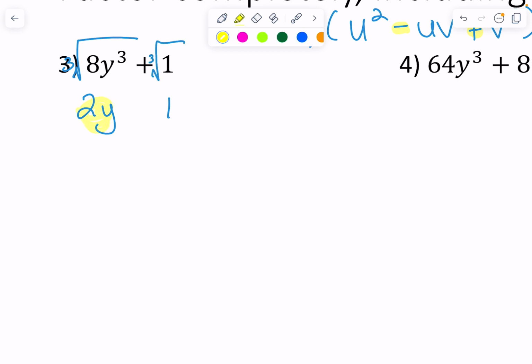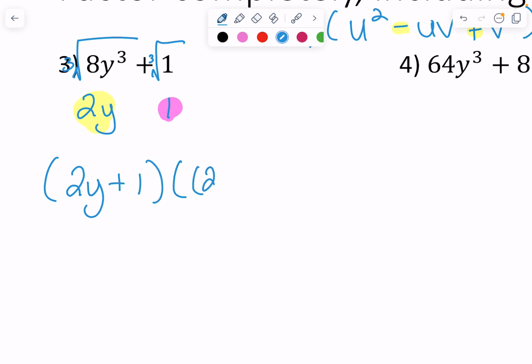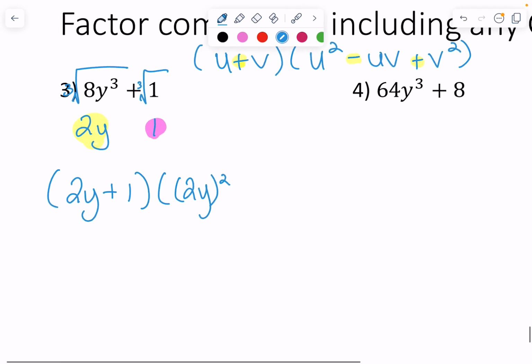So now these are our two terms. So we're going to have 2y plus 1. And then it's going to be the first term squared minus the product of those two, 2y times 1, and then plus the last term squared.